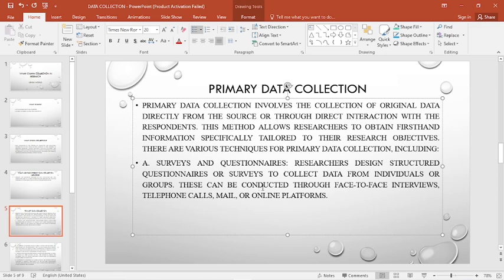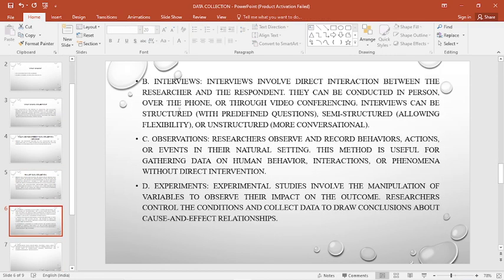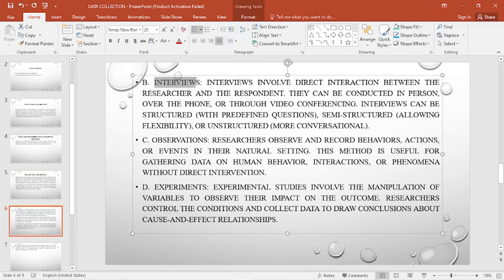These can be conducted through face-to-face interviews, where you ask directly face-to-face and collect the data; telephone calls, if you are not able to interact face-to-face; emails; or online platforms. Next, with the interviewers.